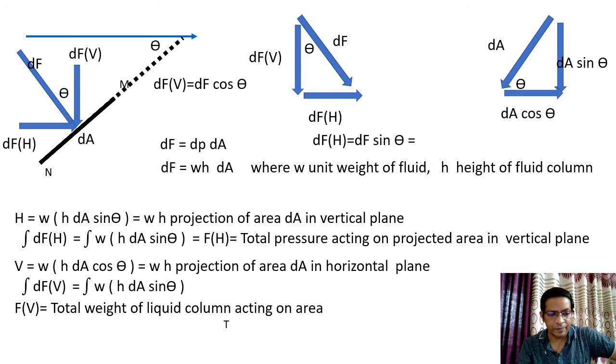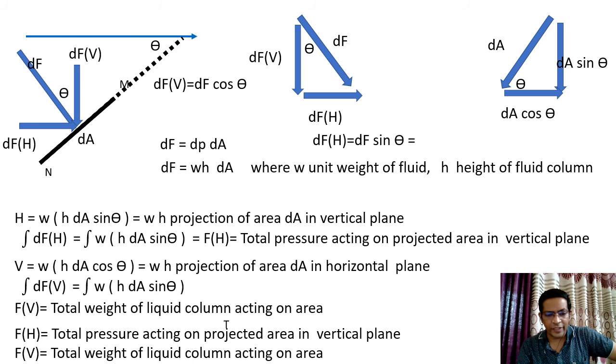Similarly, the vertical component on a strip is W H dA cos theta, where dA cos theta is the projection of the area in a horizontal plane.